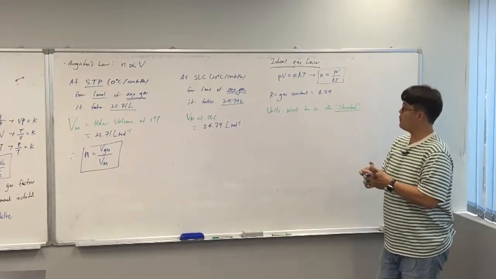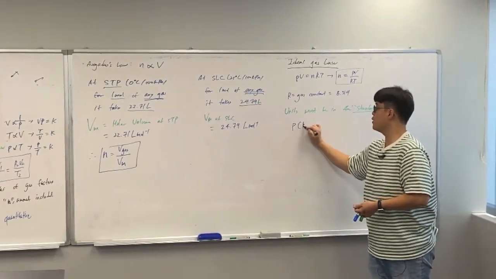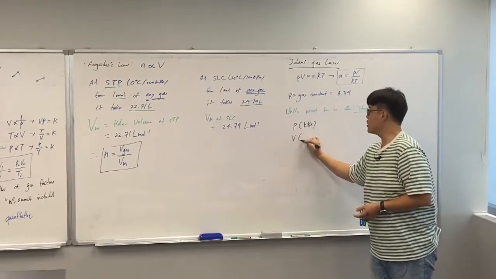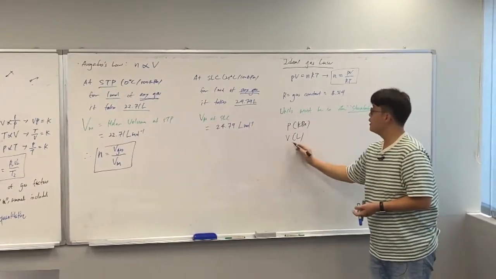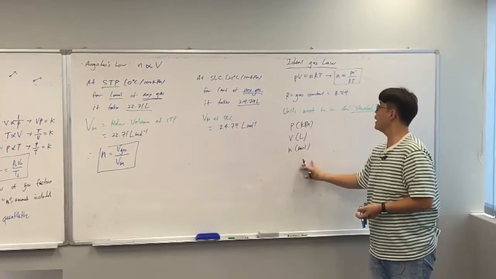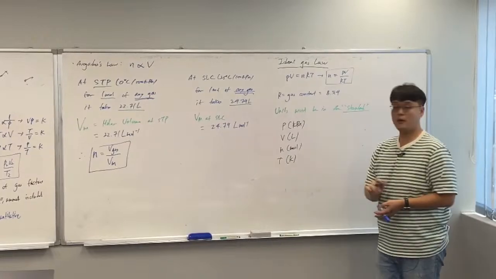So the pressure must be in kPa. Volume must be in liters. The n, obviously, is the number of moles. And T is not degrees Celsius, it's Kelvin.